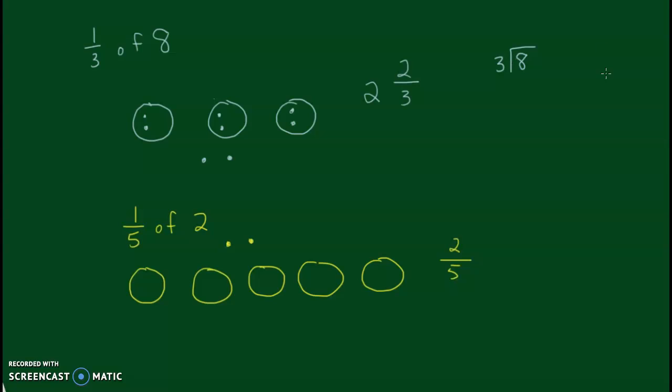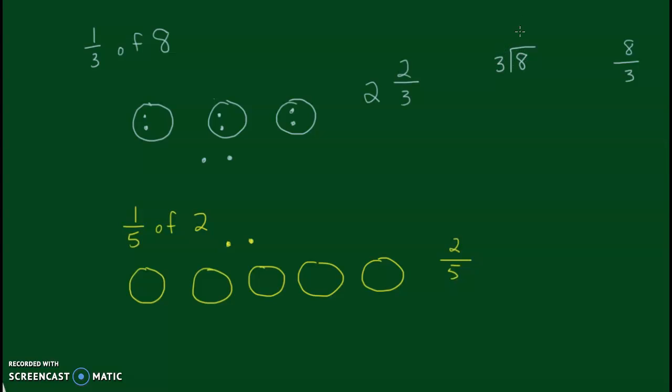Fractions are also division problems, so we could also write this as 8 divided by 3, or 8/3. This is an acceptable answer, or you can work the division problem.